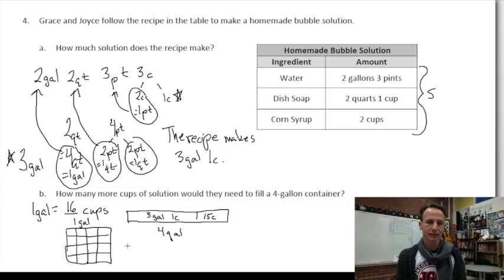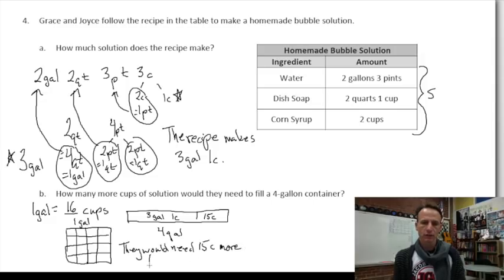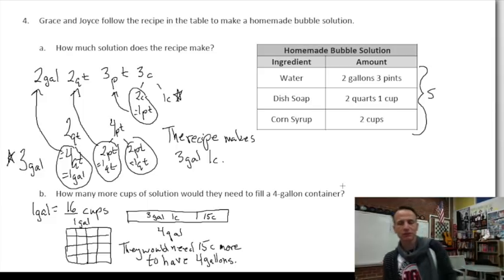We can see this. So they would need 15 cups more to have 4 gallons. And for a 4-gallon container, maybe they could borrow that 5-gallon bucket from the previous example.